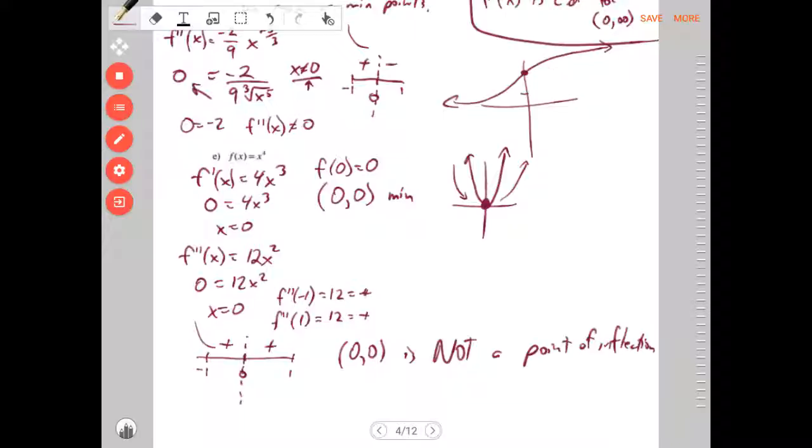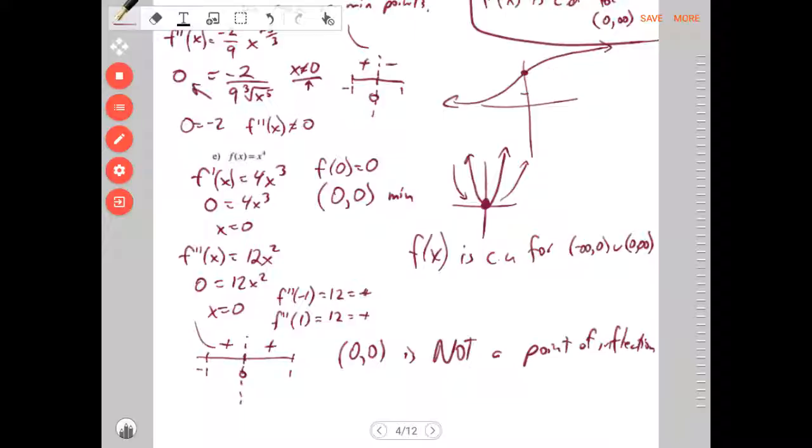The regions of concavity: it's concave up the whole time. Well, technically not at 0. It's concave up for negative infinity to 0 and from 0 to positive infinity.